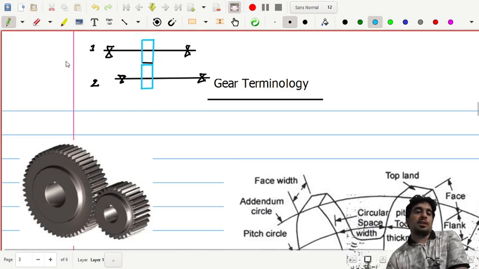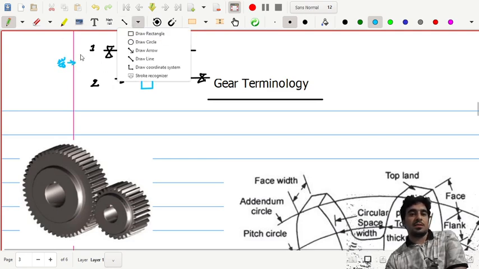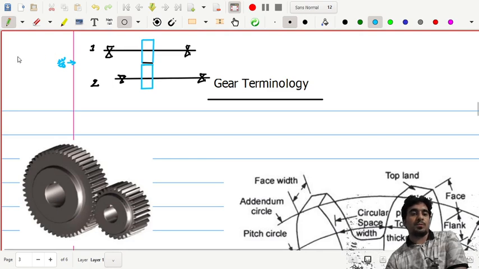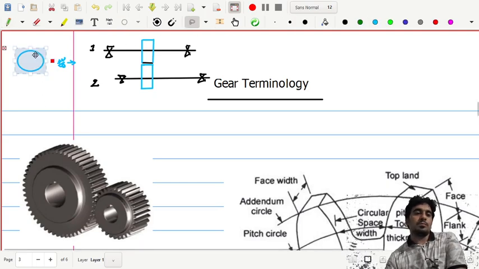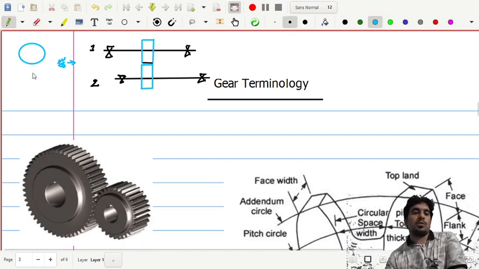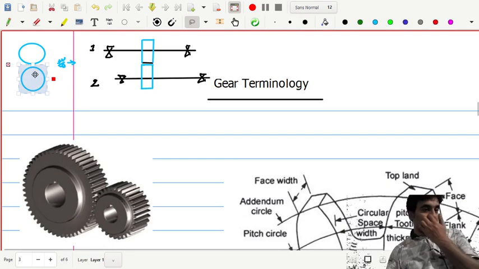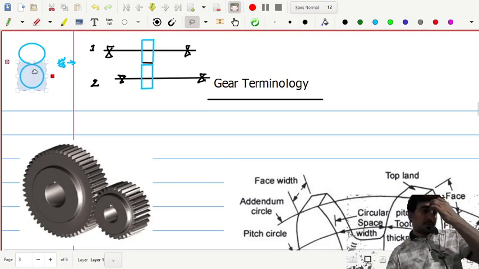And if we look at these gears from this end, these will be in the form of two discs. Okay, fine. And these two are in contact with each other.